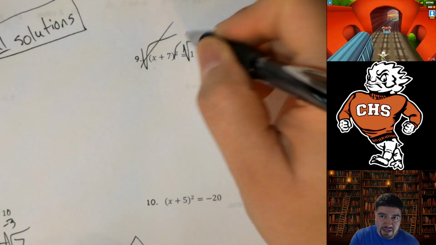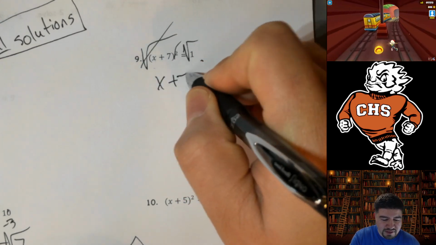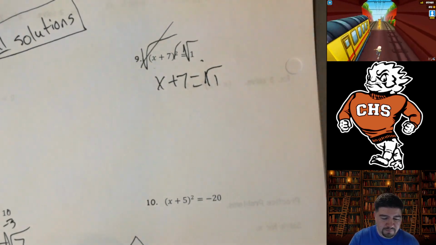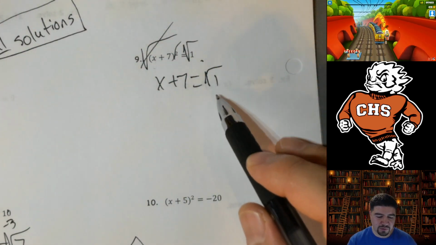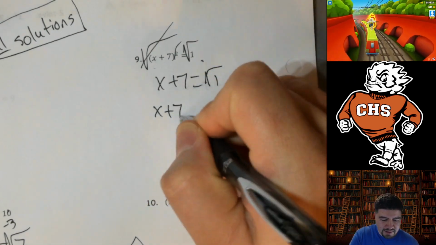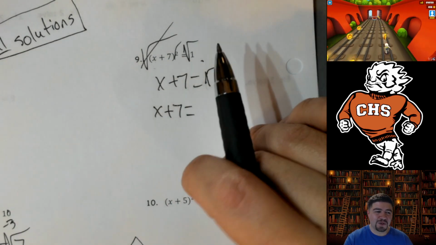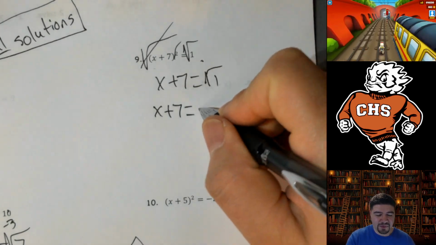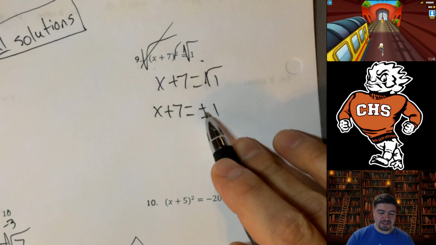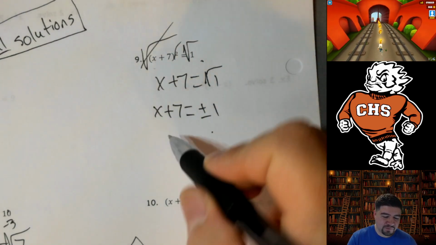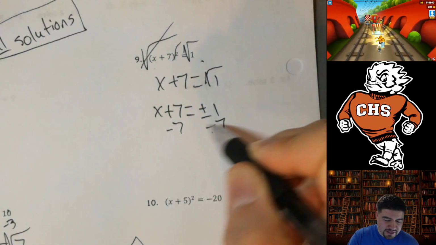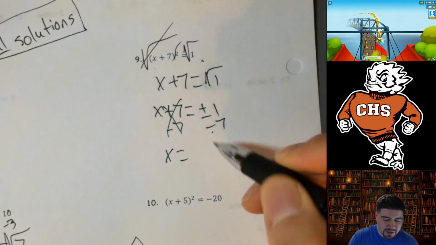That will cancel with that, and we'll have x plus 7 equals the square root of 1. Okay, this time I'll take the square root first. So I'll rewrite this side, x plus 7. The square root of 1 is just going to be 1 because 1 times 1 is 1. But it will still be a plus or minus 1. Keep that in mind. Lastly, I will subtract 7 on both sides before I can separate my answer.